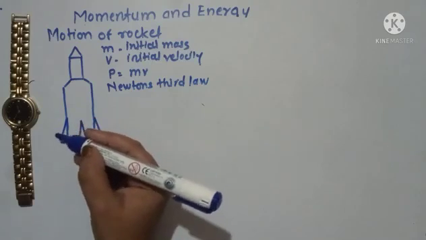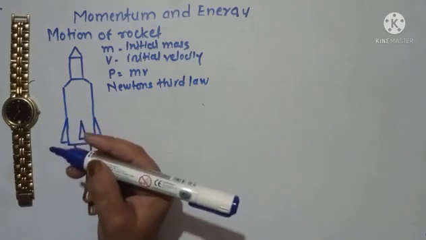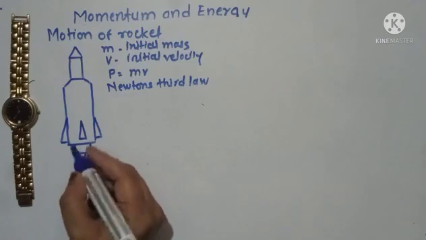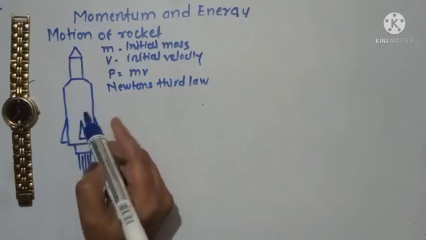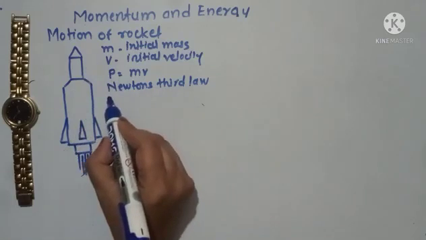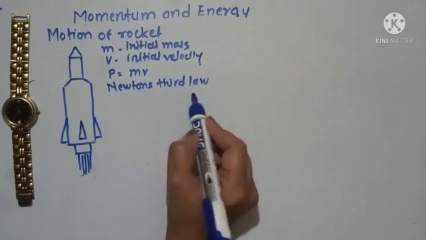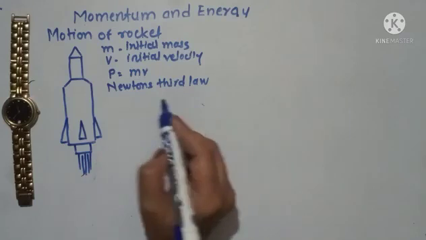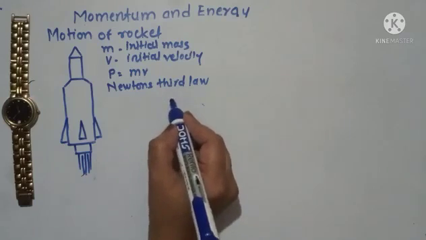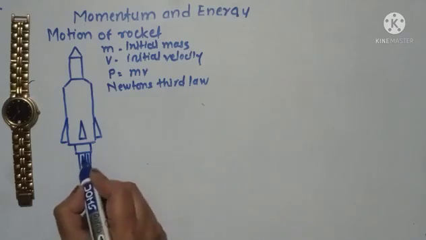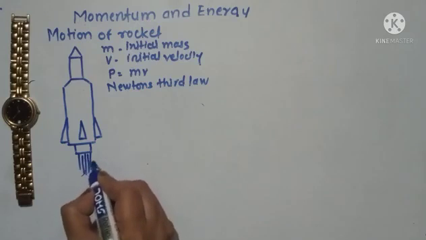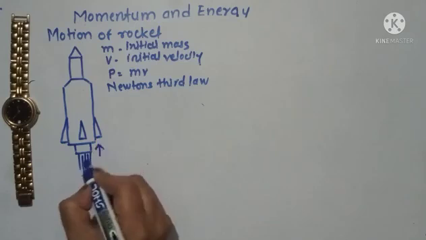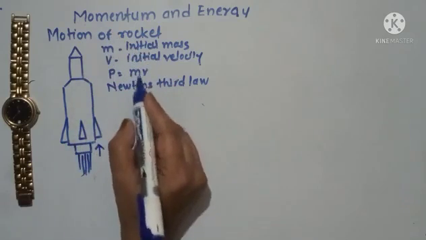Some fuel is combusted, and this combustion of the fuel will provide the upward thrust to the rocket. So the amount of fuel which is burned in this rocket will provide the upward thrust to the motion of the rocket.